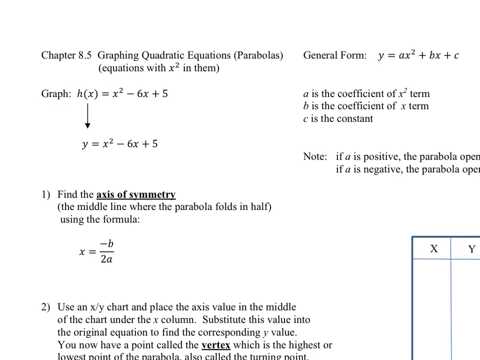One notation you're going to see is right here, this h parenthesis x. It means h of x, not h times x. And what you're going to do is replace the h of x here with just a y. It just stands for y when we do our charts.